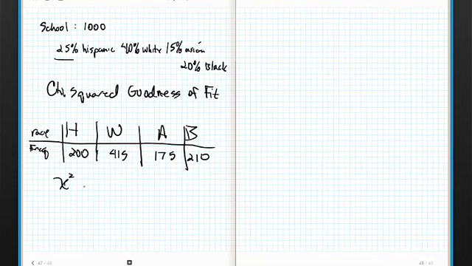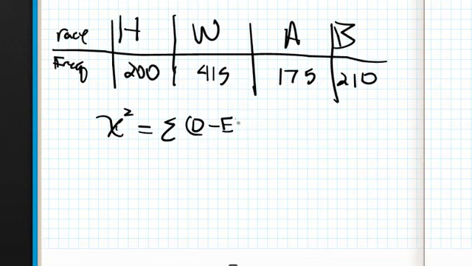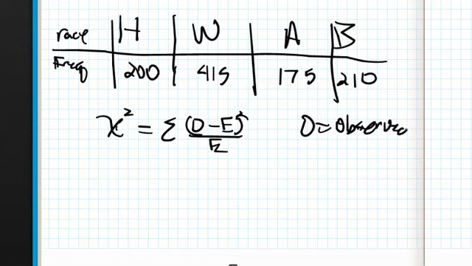Well, we're not going to deal with that here. This is a different chi-squared value. All it is, is the sum of the observed minus the expected, squared, divided by the expected. So O equals observed, and E equals expected.